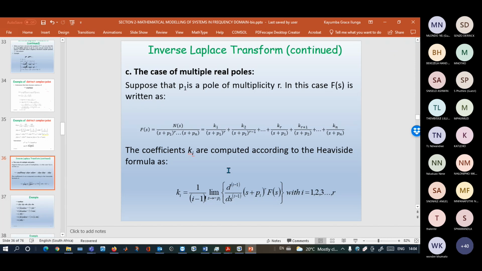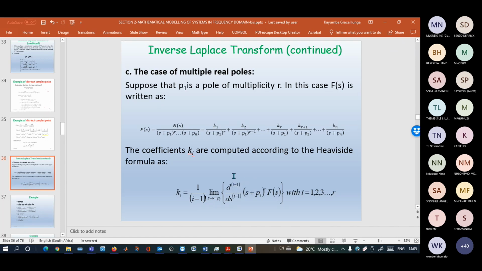It's not the same Heaviside formula as we have used for the previous two. So the Heaviside formula now is going to be Ki equals 1 over (i minus 1) factorial, limit as s approaches Pi, the pole of that denominator.